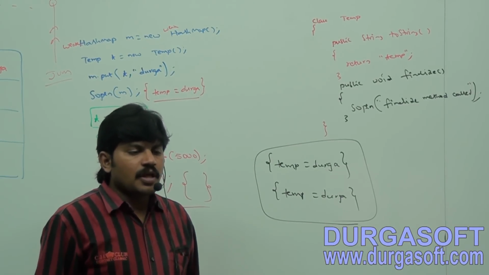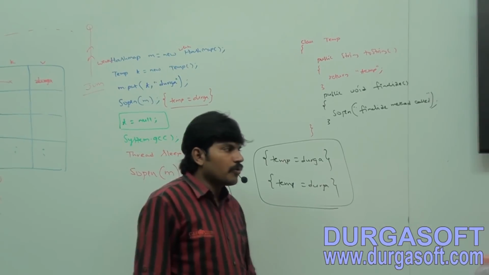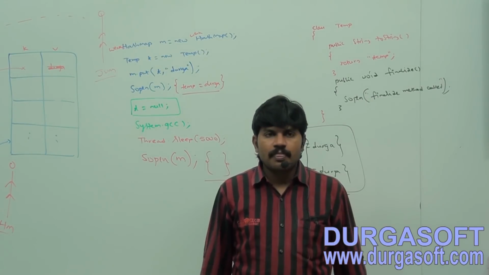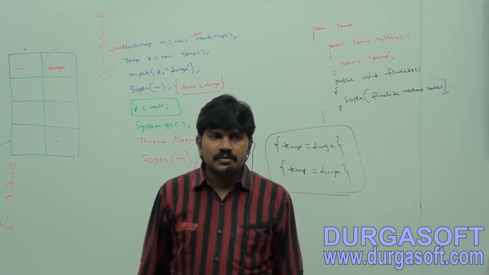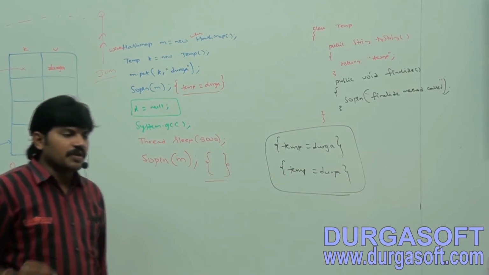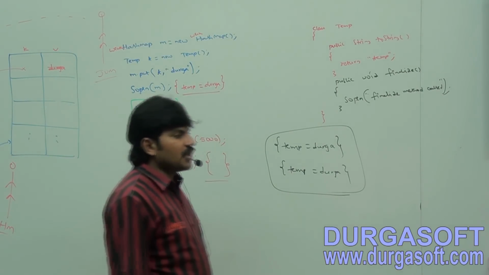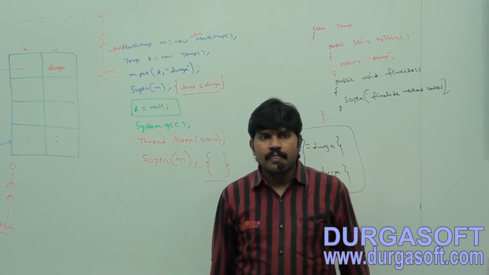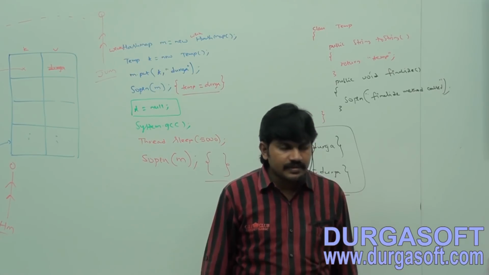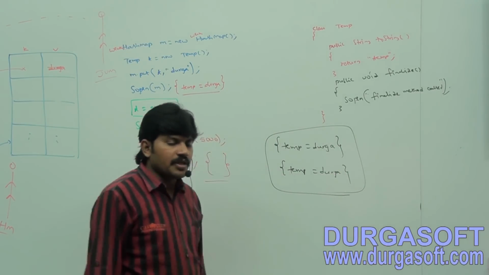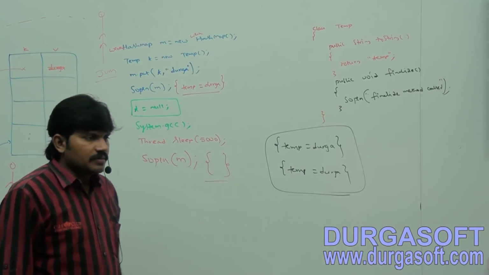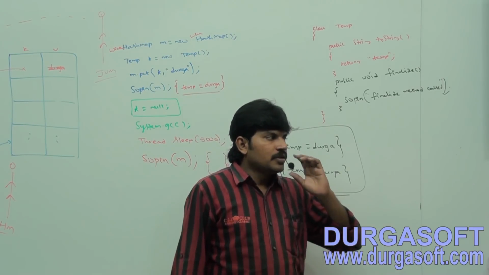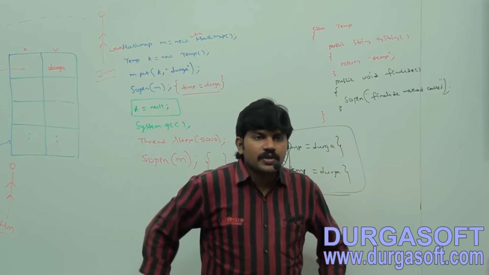In the above program, if we replace HashMap with WeakHashMap, then just observe, is the temp object eligible for GC or not?